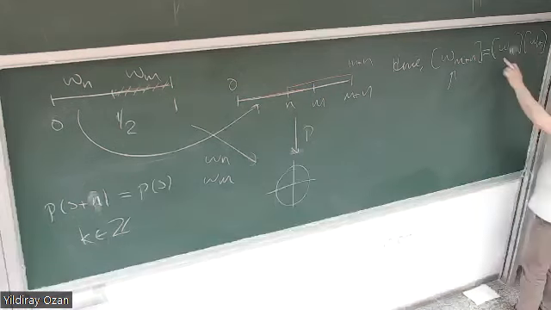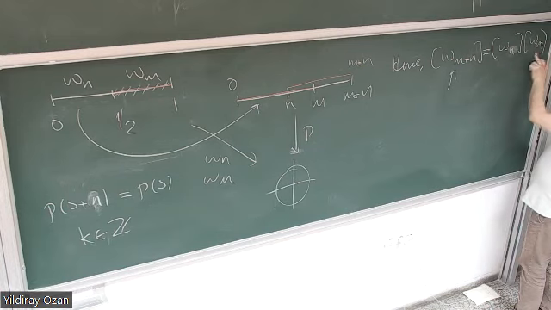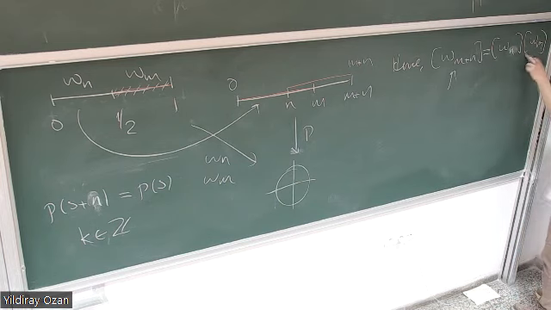So this is represented by a path starting at 0, ending at n in R. And then you add to this one, this gadget, and this one starts from 0 and ends at m.